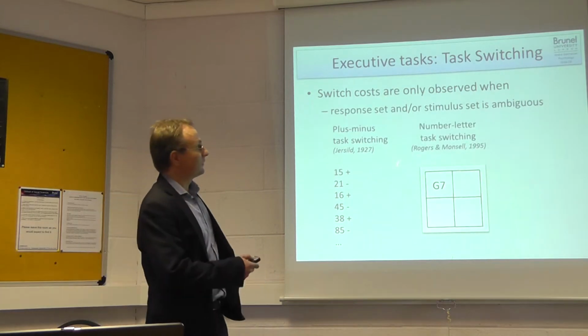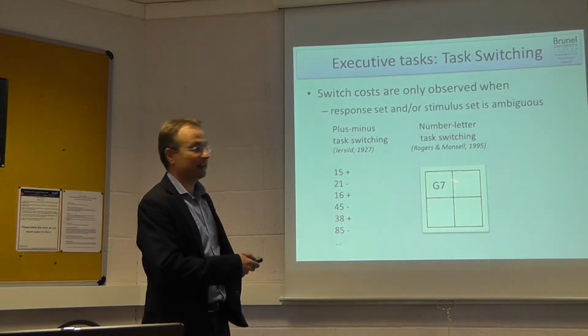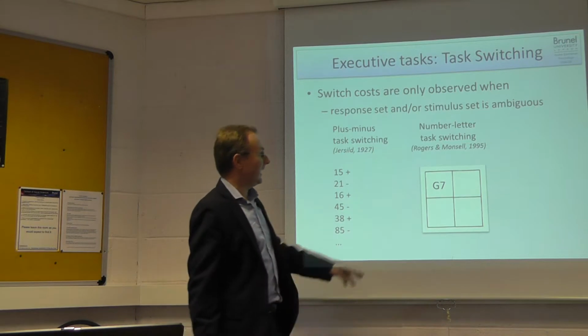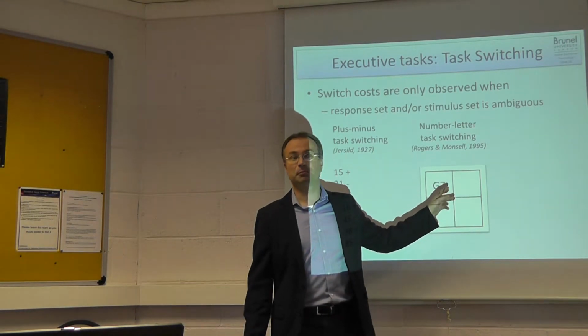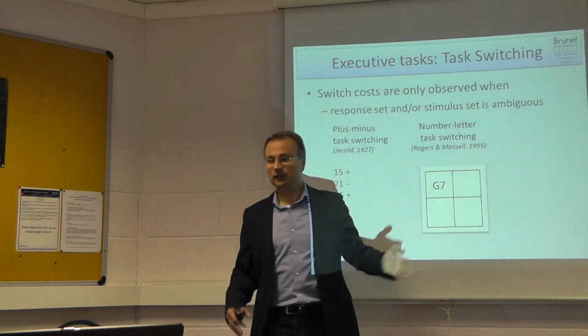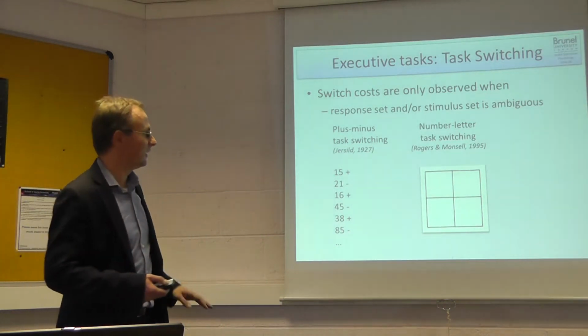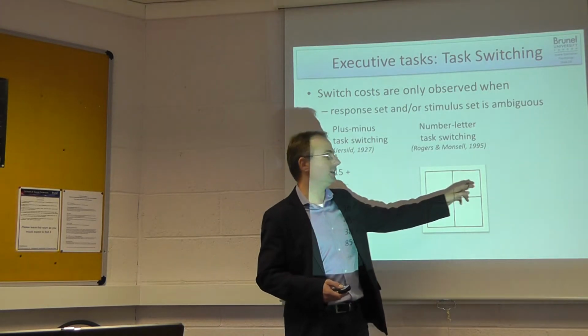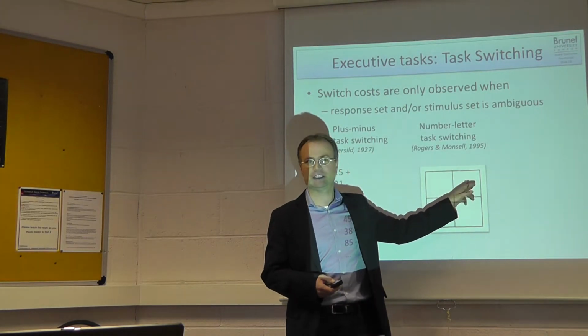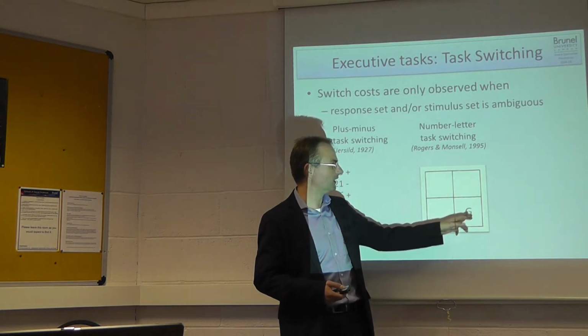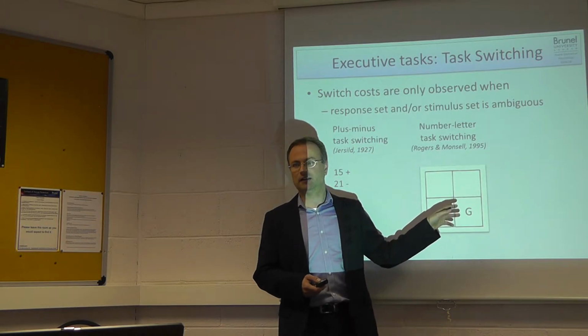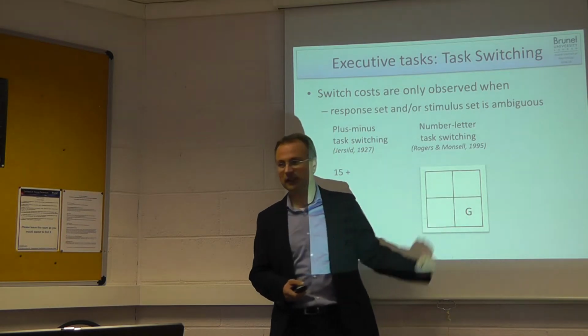When you do the Rogers and Marcel study, they had it like that. So on every single try, you get both stimuli. In theory, there would speak nothing against saying, okay, here you get only the letters, because up here you only have to do the letter task, and down here you only get here the letters and here the numbers, number tasks.